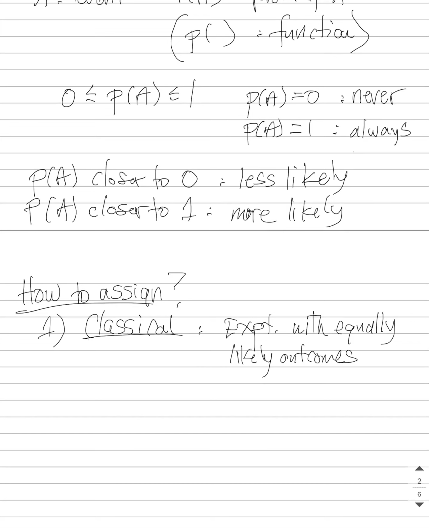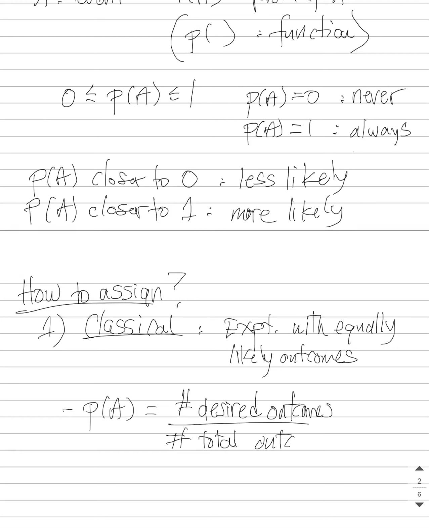Usually this happens when you talk about really simple experiments in things that we call games of chance. Flipping a coin, rolling a die, drawing a card from a standard deck of cards. We are going to define the probability of event A as the number of desired outcomes over the total number of outcomes.